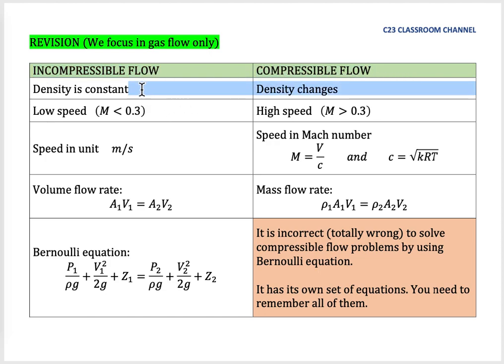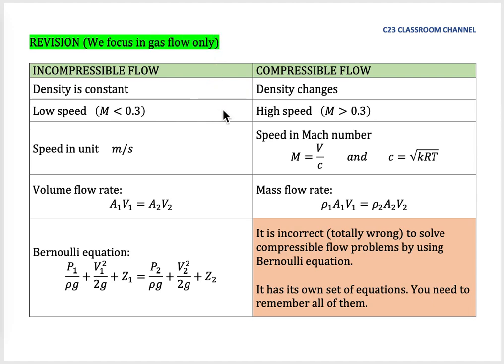For incompressible flow, the density is constant, which means we will use a constant value of density, and it is normally used for liquid. For compressible flow, the density changes. In our syllabus we will focus on gas flow only.